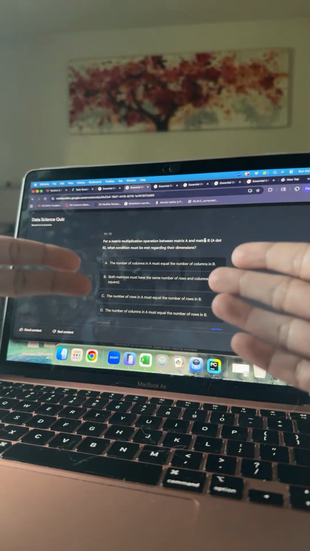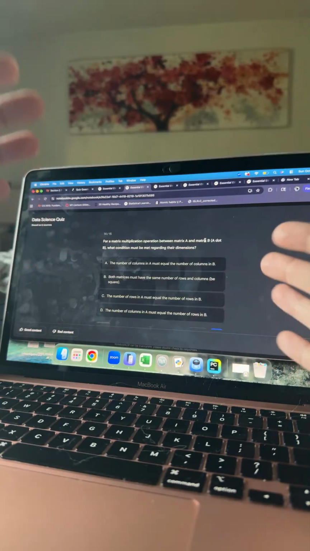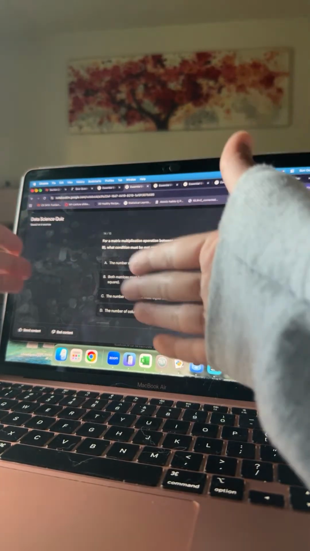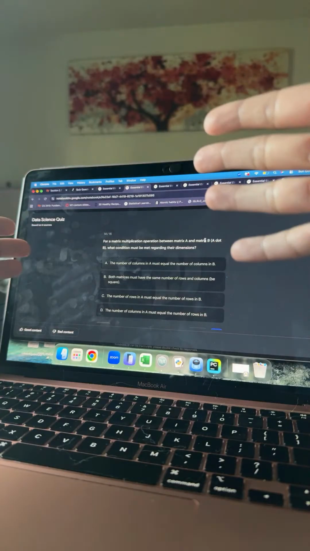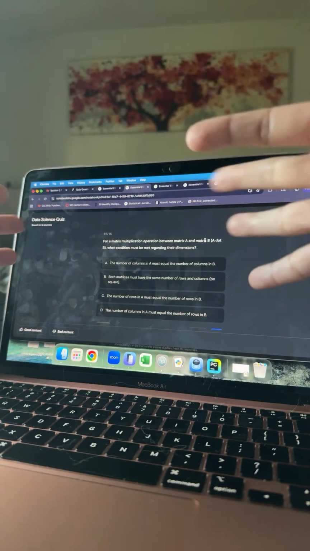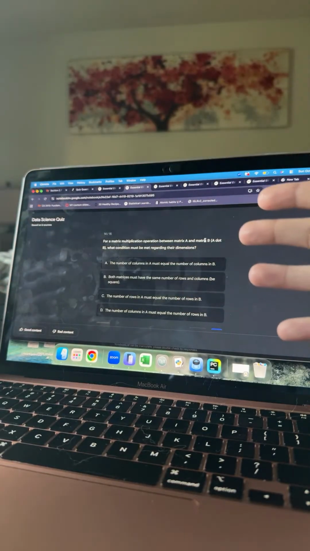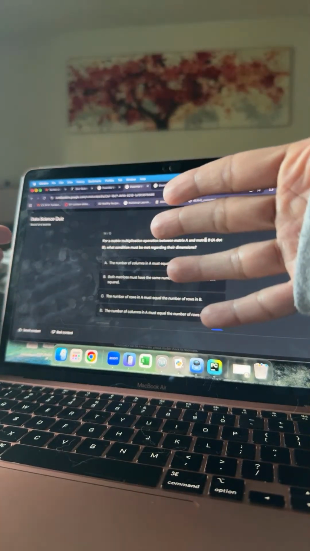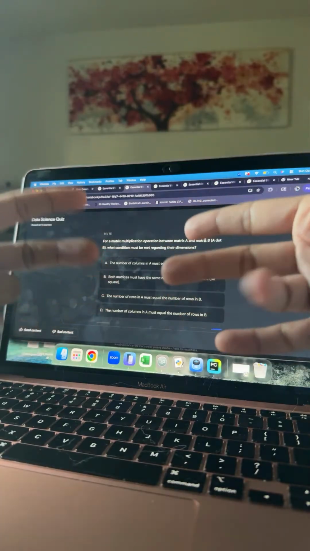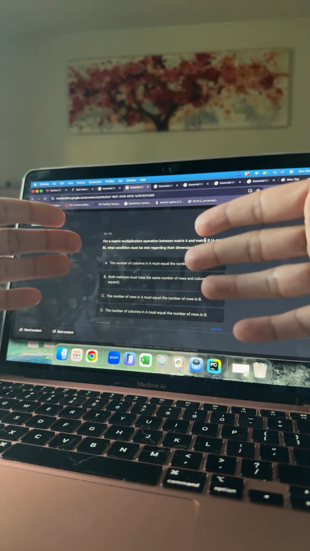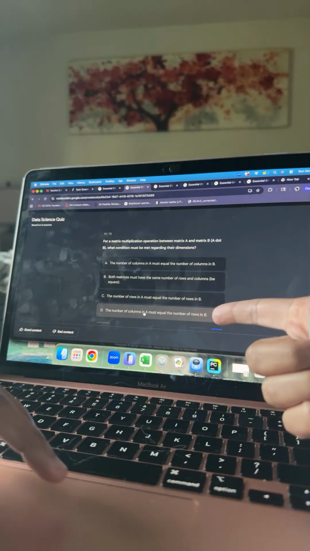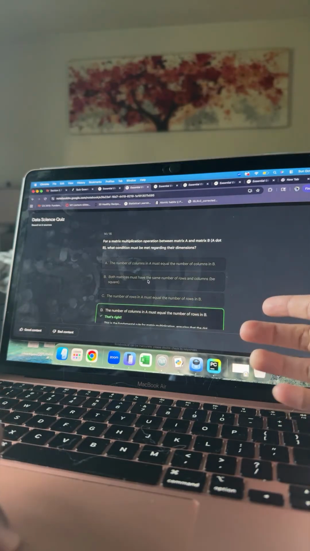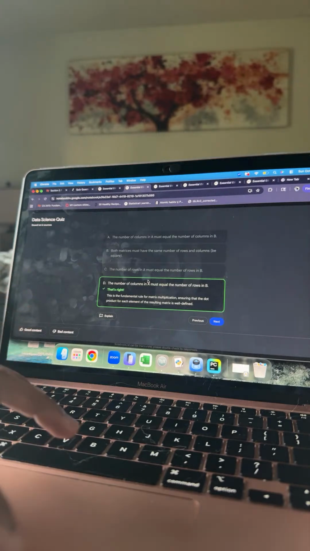So the j's have to be equal. The way I remember which side is rows and columns is that it's like a race car. Rows come first, so the columns are the second part, right? So the number of columns in A must be equal to the number of rows in B. So race car, remember that, guys.